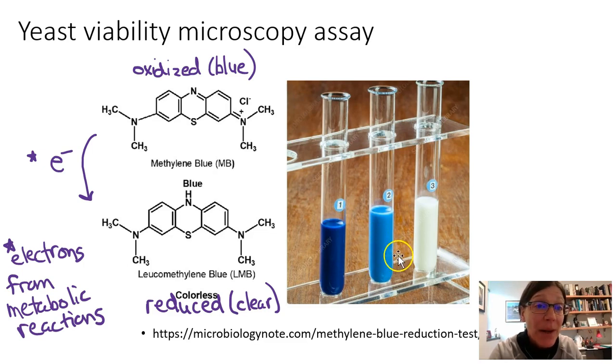This one has a little bit of bacteria in it, so we're seeing it go a little bit towards colorless. And then here we've got completely colorless milk, which shows that there are a lot of bacteria in it, and those bacteria are doing metabolism, freeing up electrons, which are being placed onto the oxidized form of methylene blue, reducing it so that it goes colorless.